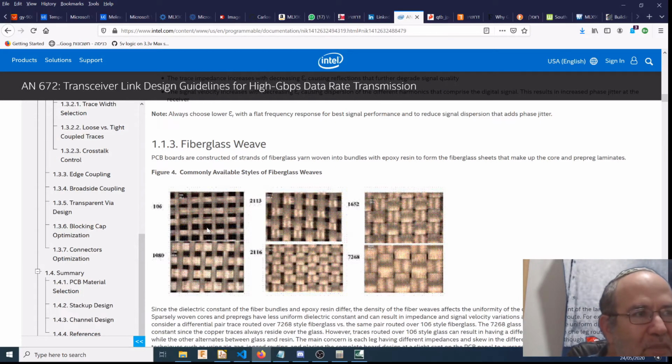So if my PCB is made with an angular twist from the weave, say a 45 degree twist, my lines are not going to be going straight across.